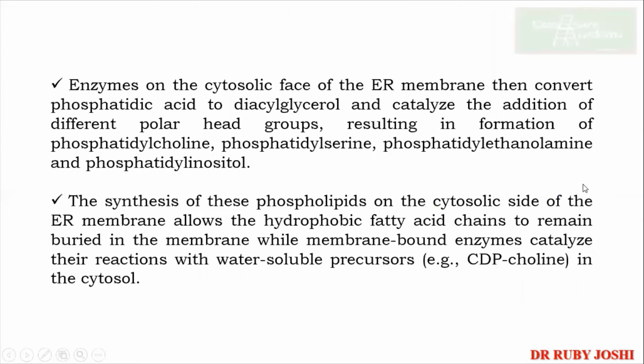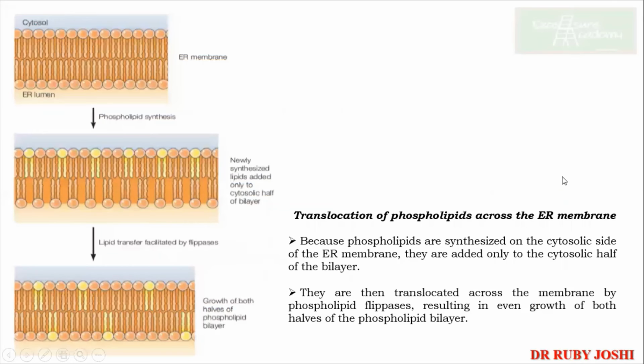Okay, the same thing is written what we have just discussed now. Now see, as soon as your ER membrane has phospholipid synthesis, you can see that these yellow color things are extra which were added, and it is added only to the cytosolic side. So on the lumen side, there is a gap. So now in order to balance it with the help of the flippases, what happens? Few phospholipids will go to the other side.